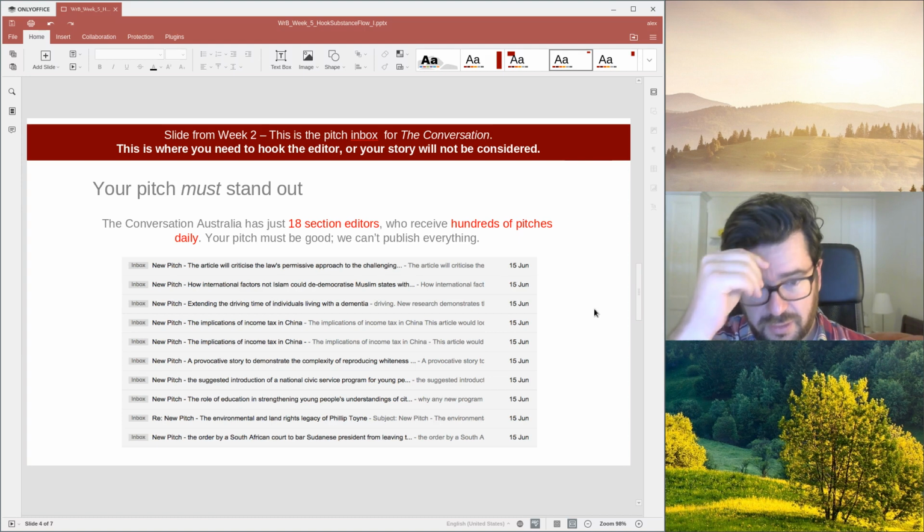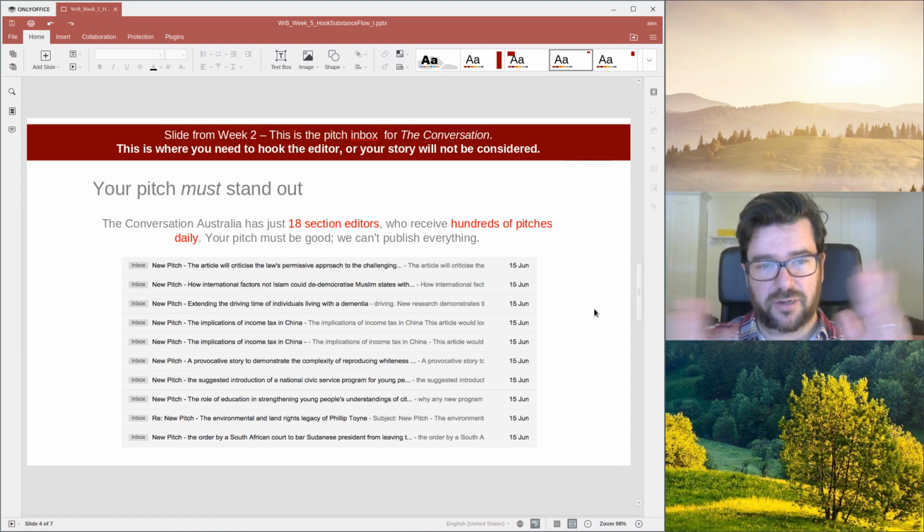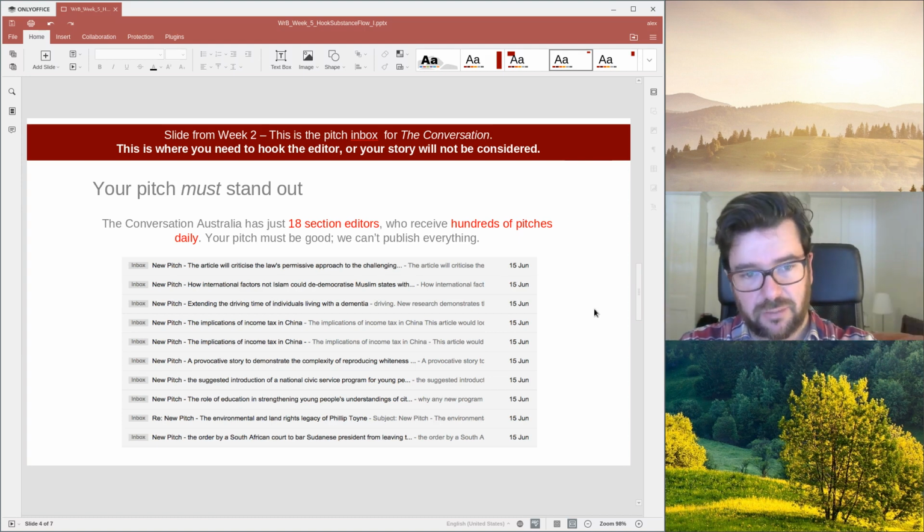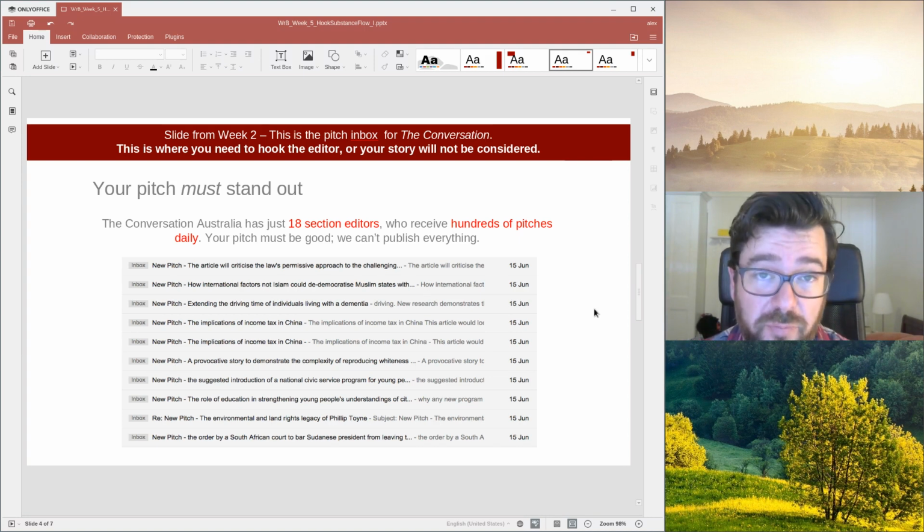And you can see, this is a really beautifully brutal picture of an inbox, and this picture was supplied to us by Sunny Cray from The Conversation, by the way. Here you have very limited space in which to grab the editor's attention and start explaining to them what the story that you want to write is about.